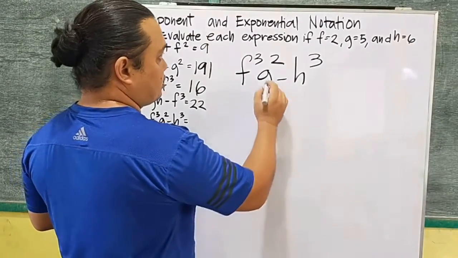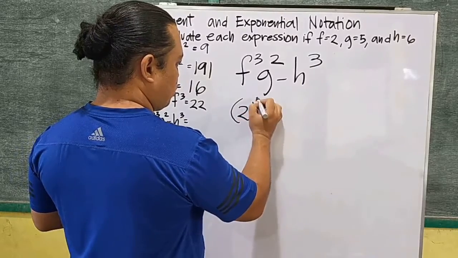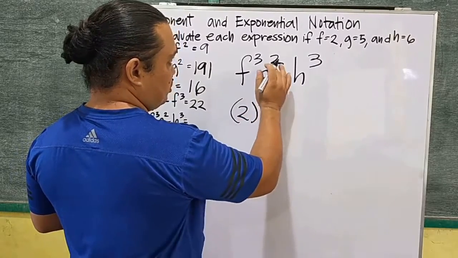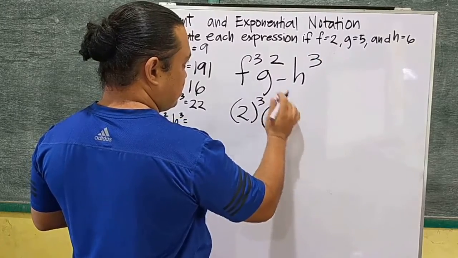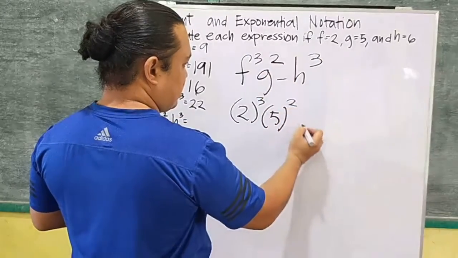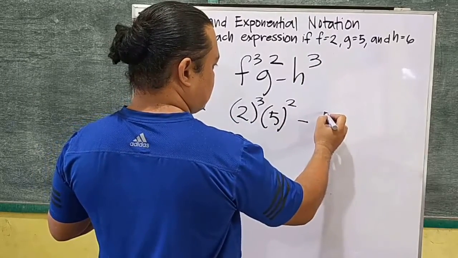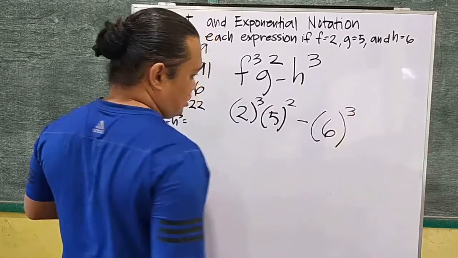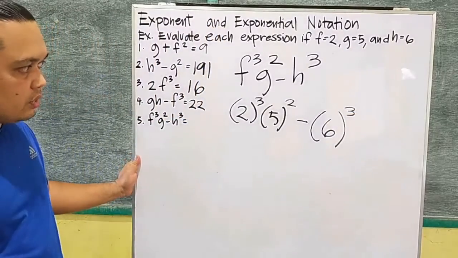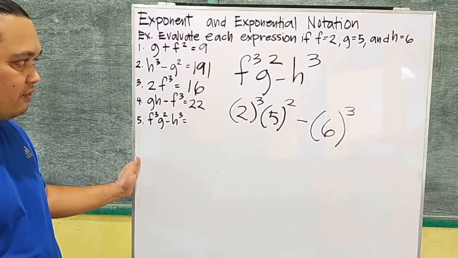F here is 2, so it's 2 cubed times, g squared, and g is 5, so 5 squared, minus, h is 6, so 6 raised to the power of 3, or 6 cubed. We have substituted the variables.